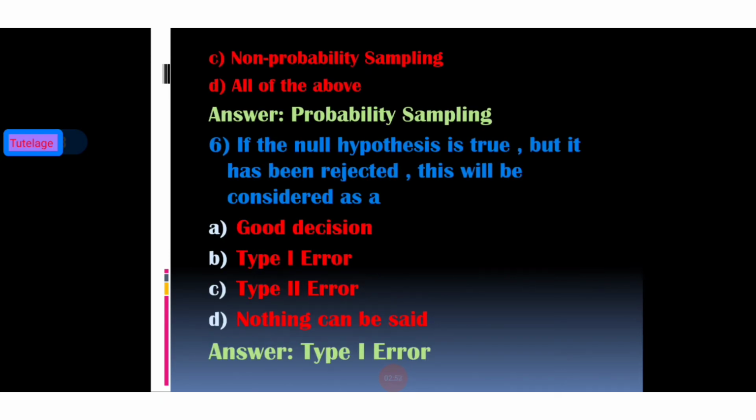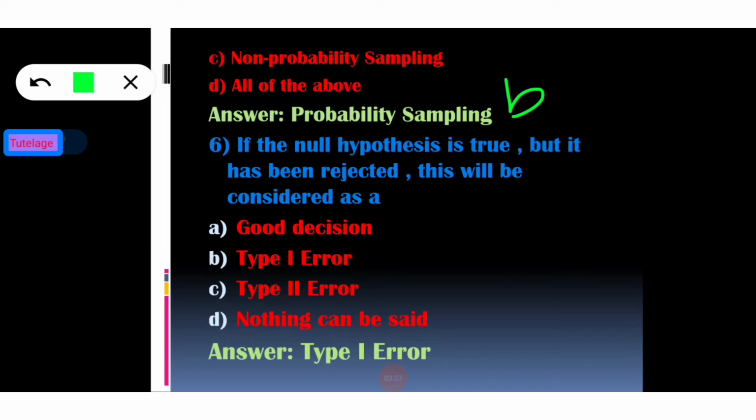Obviously option number B, that means probability sampling, is the correct answer for this particular question, because we can see the definition in my previous session. If you have missed my previous session, please go and check it once. I think it will be a really helpful session for everyone, and links to all my previous sessions are given in my first comment and my description box. So please go and check it once.